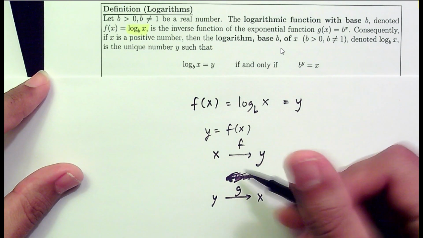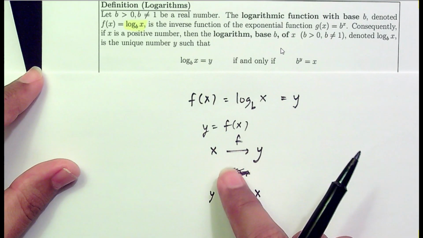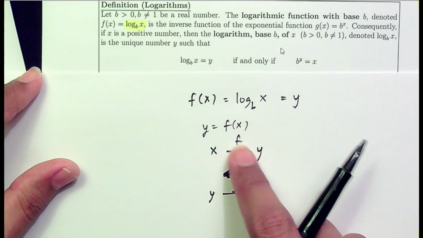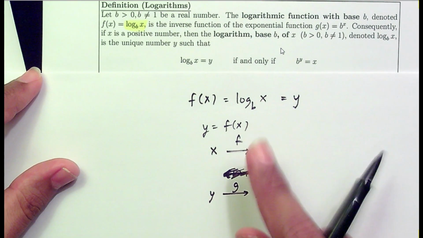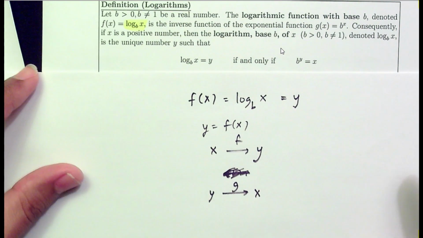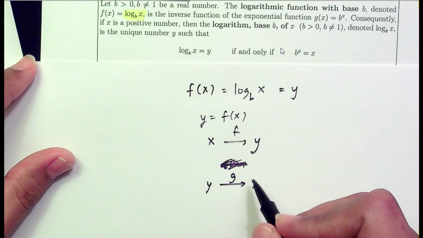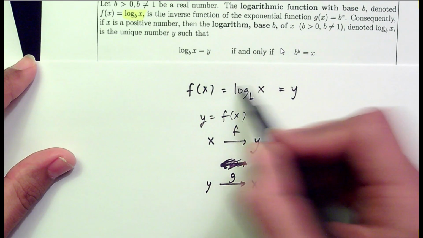That is a relation between these two things. So if x is mapped to y via f, then y is mapped to x via g, because g reverses the relationship.